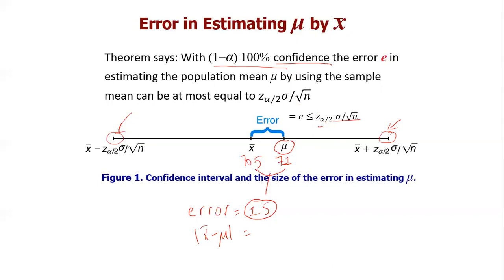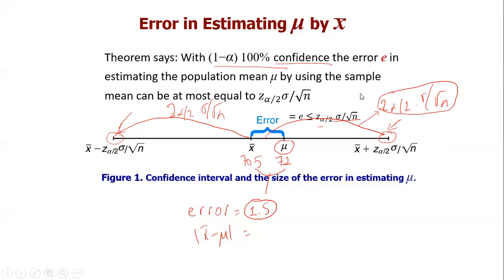Why? Because remember this part is simply z sub alpha over 2 times sigma divided by root n, and this part as well, the same because of symmetry. So I'm pretty sure that my error is smaller than this value with a given confidence level.